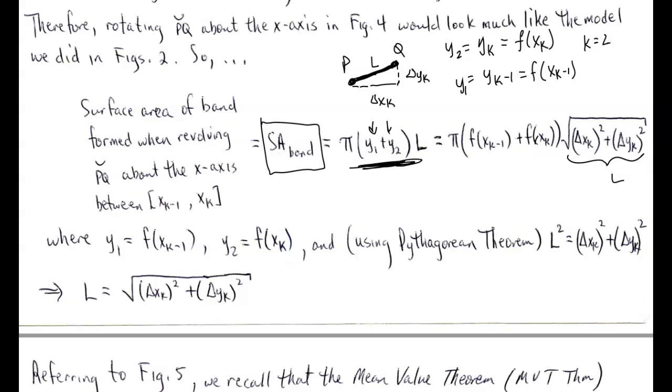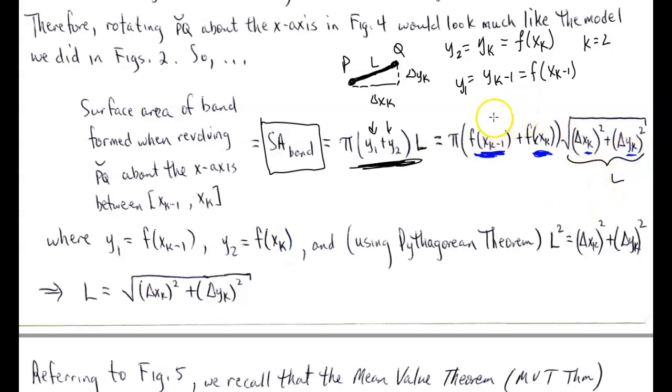Okay. All right, so at this point, we need to regroup and think about where we are trying to go to wrap this up. Right now, we're trying to get a formula for the surface area of this small band. And notice that here we have our function f of x, and we also have things in terms of x sub k and y sub k.